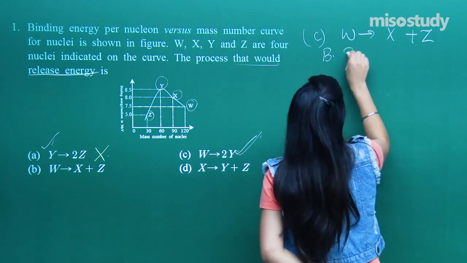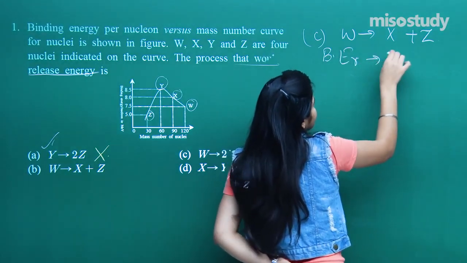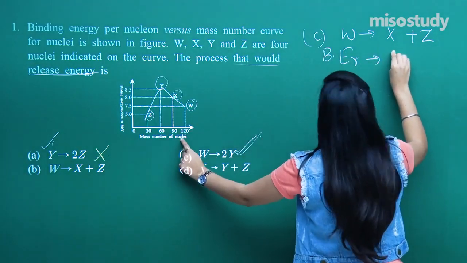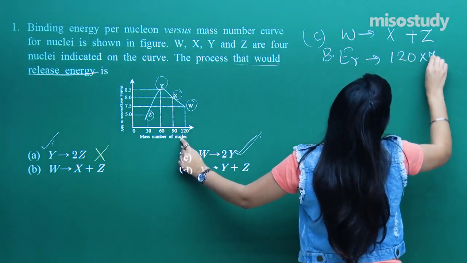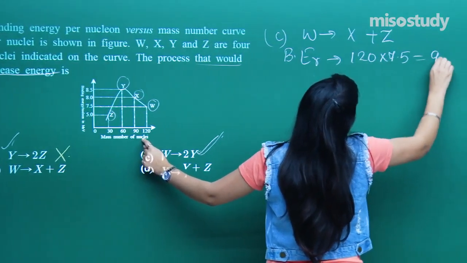So the binding energy of reactant is 120 into 7.5, that is 900.